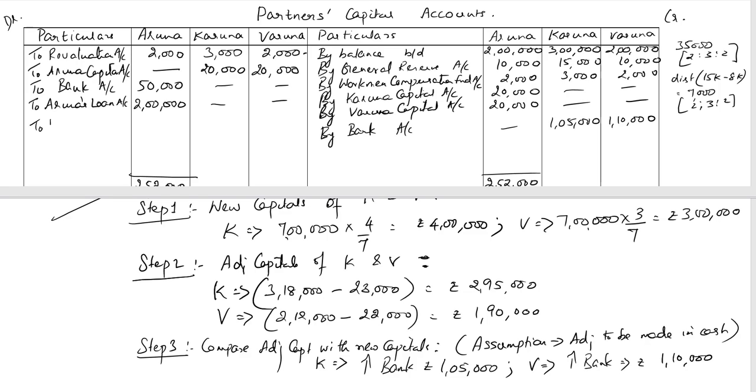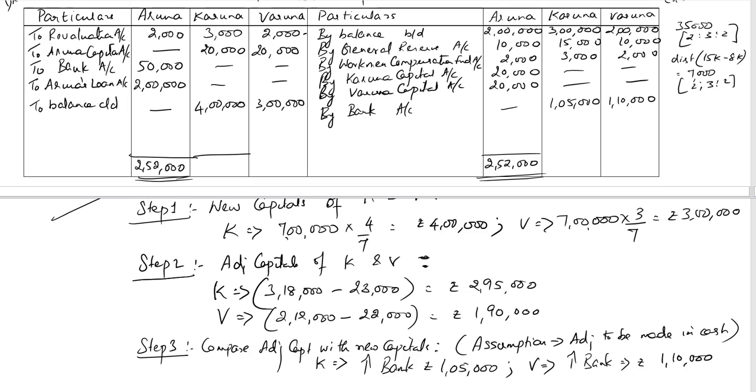We'll close by bringing down the balance carried down. That is the new capitals of Karuna and Varuna. It's 4 lakh in the case of Karuna and 3 lakh in the case of Varuna. Both sides tally, we know our arithmetic is correct.